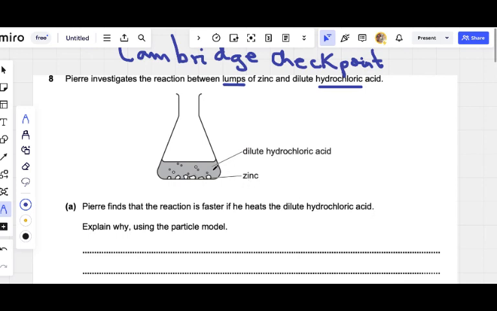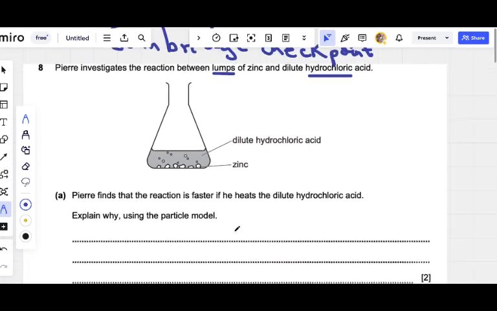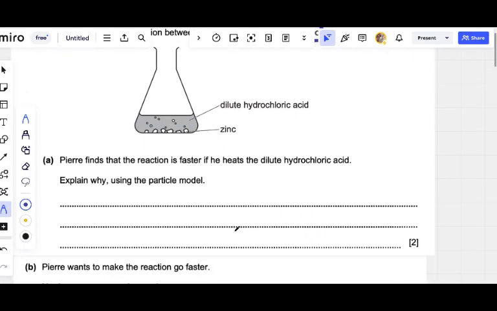So if he heats this acid, the rate at which the lumps change to solution form is faster. Now explain why, using the particle model. Why is it faster?